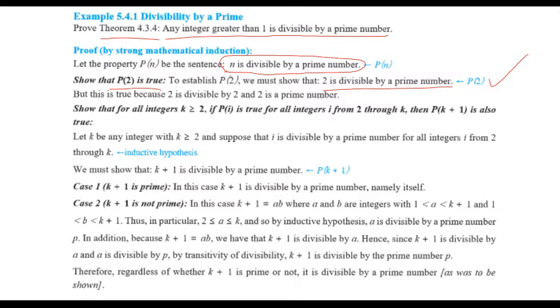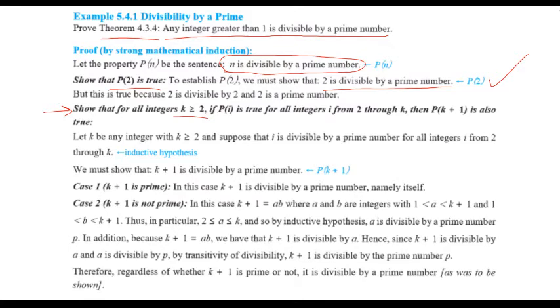Now let's prove the inductive step, which basically says show that for all integers k greater than or equal to 2, if P of i is true for all integers i from 2 to k, then P of k plus 1 is also true.